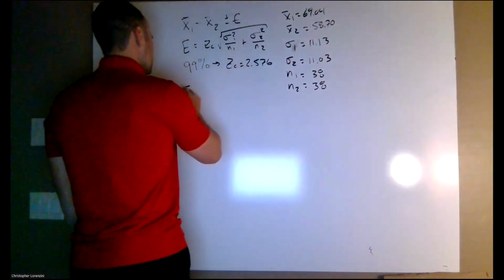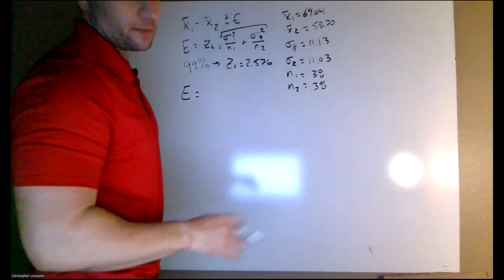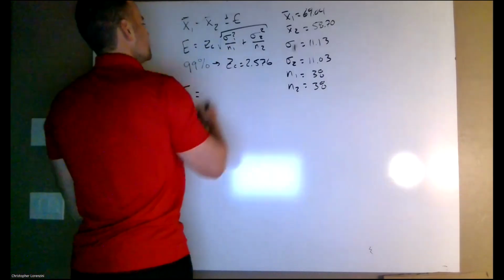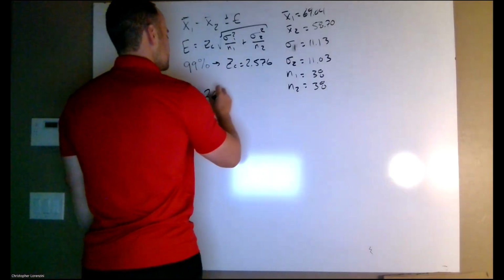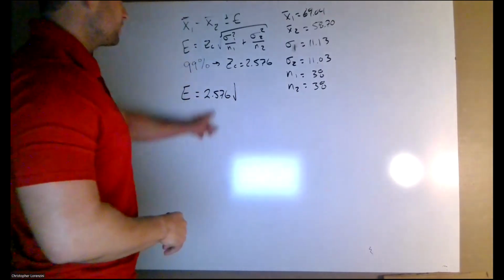So next, I want to compute my margin of error here. And I also want to compute that difference in means. So we're going to have to compute both of these things. I can use my equation to help me find out what that margin of error is.